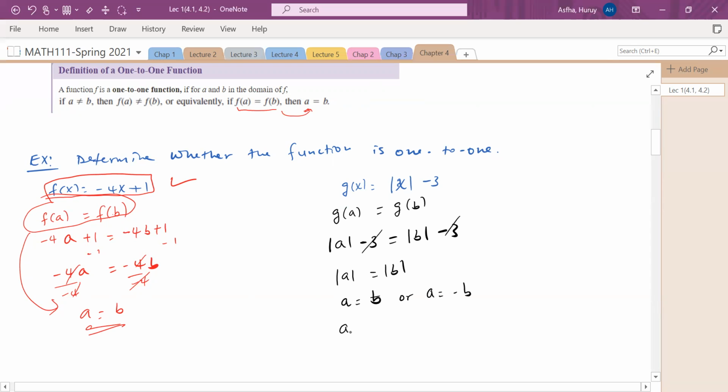So in this case, this doesn't necessarily mean a equals b. Therefore, this is not a one-to-one function.